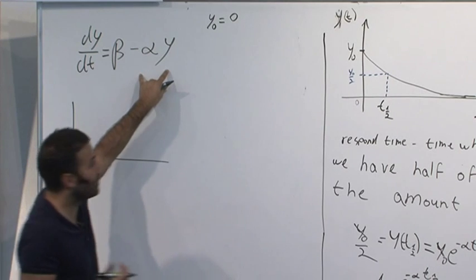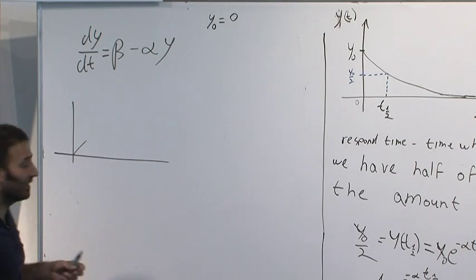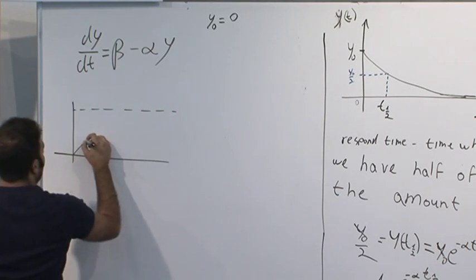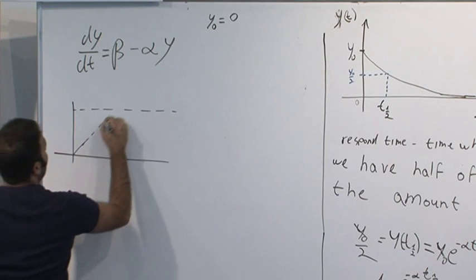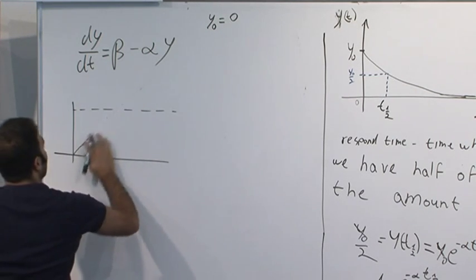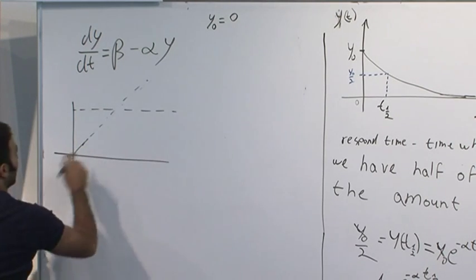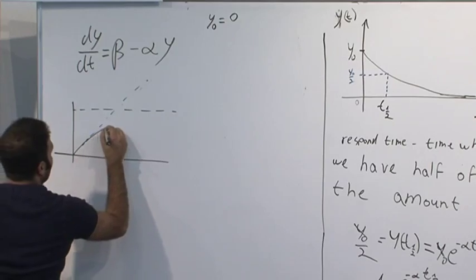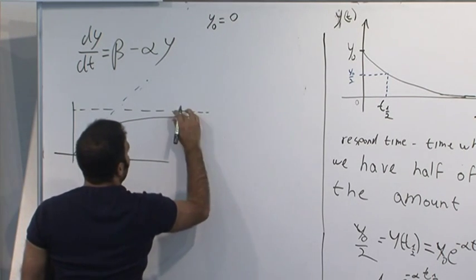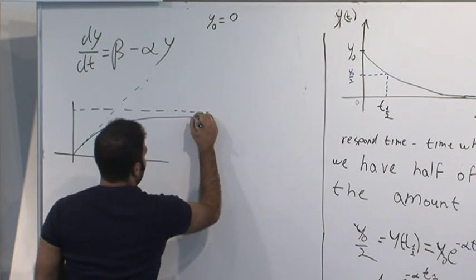So after some time, it will have to decrease, okay? And actually what will happen, we will get into some kind of steady state. I mean, it wants to grow linearly all the time. Maybe I will do it in a different color. It wants to grow like that. But actually what will happen is that after a while, this part will be dominant until we get to some kind of steady state. Okay?